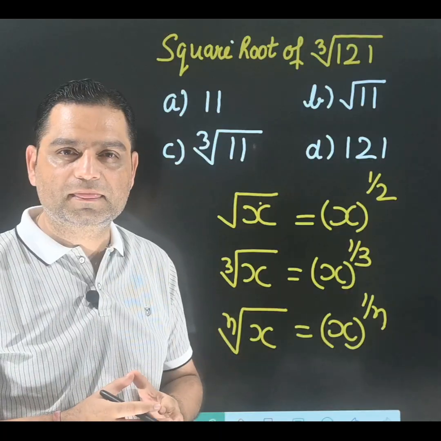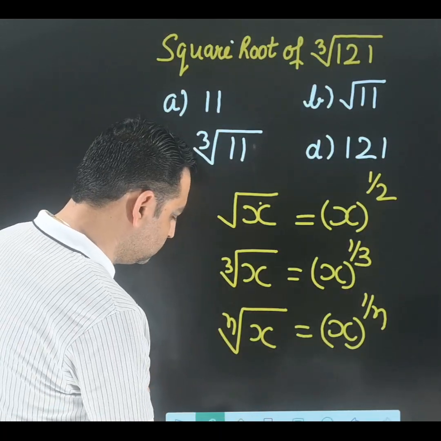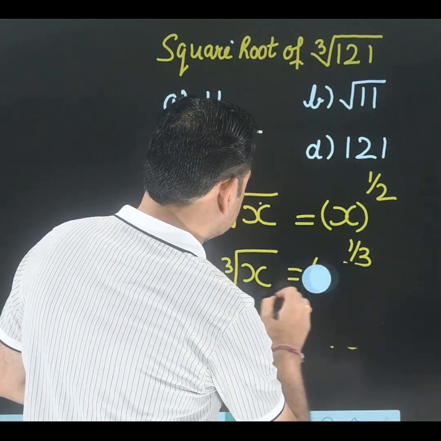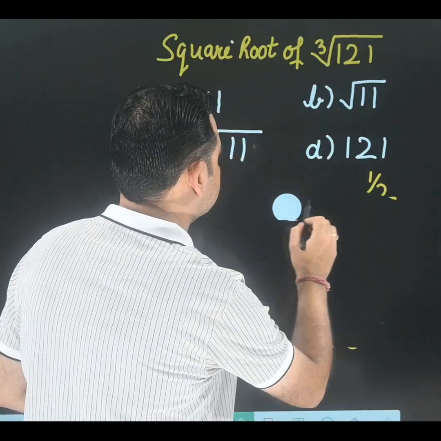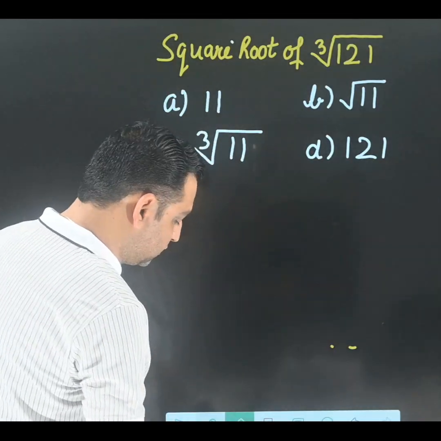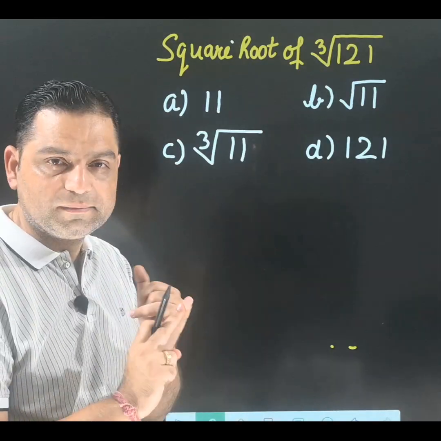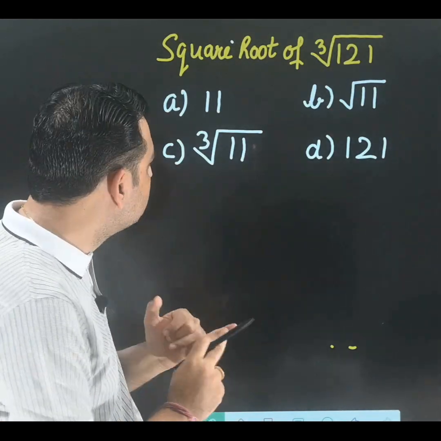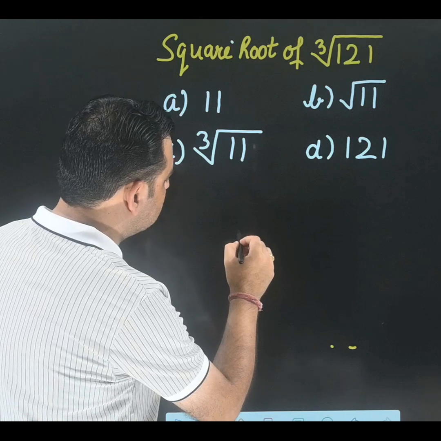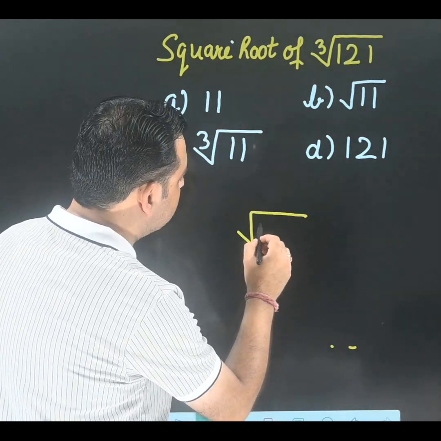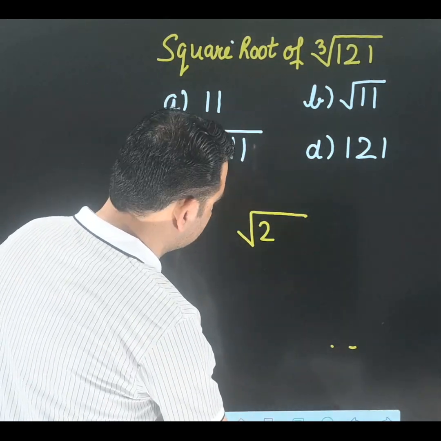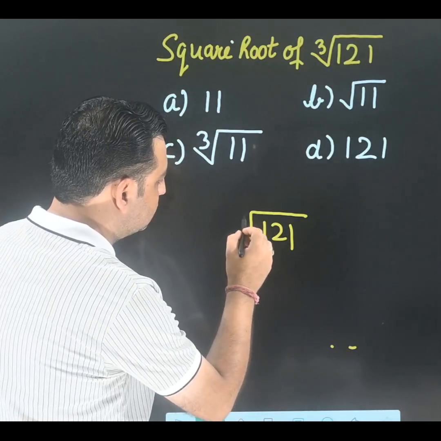Everybody should be aware. And second rule: let's suppose the given question is square root of cube root. That means square root and cube root both are coming together. If I combine them, first of all, I am having this value, 121 cube root, right?